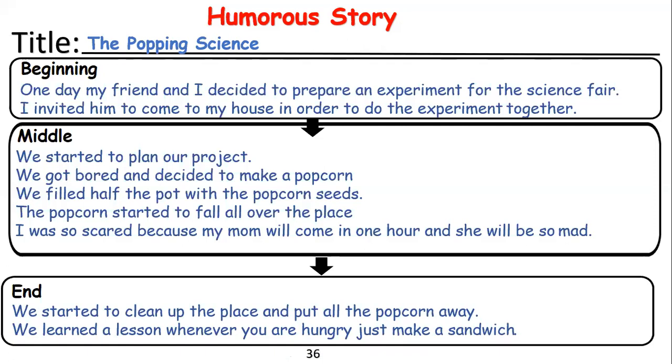Okay, so these two sentences show and explain how the story ends, and also describe what happened to the characters at the end of the story and how they solve the problem.